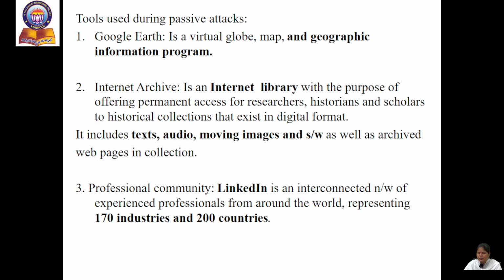Next one is the Internet Archive, which is an internet library with the purpose of offering permanent access for researchers, historians and scholars to historical collections that exist in digital format.